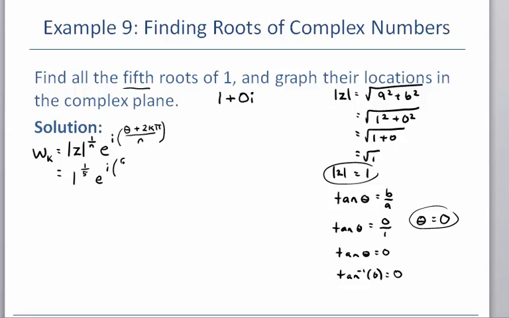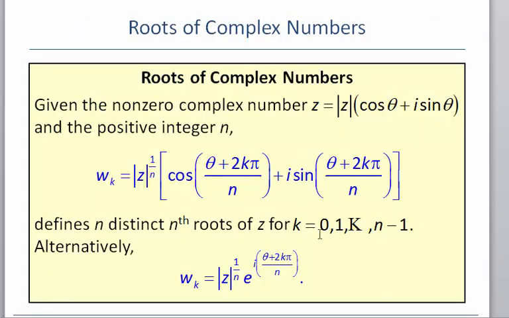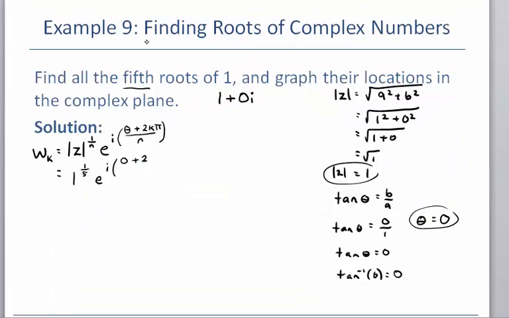We're going to use our angle theta, which is 0, plus 2k, and recall that our k starts with 0. We use 0 as the first k value. All right, so I'm going back over here and I'm going to plug 0 in for my k. Pi over n, and remember that n again is 5 because we're talking about a fifth root.